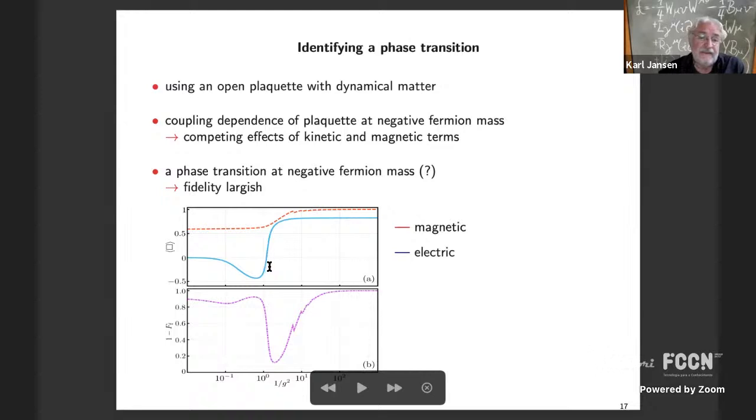This is really an indication of this, and you can understand it as competing effects of the kinetic part, in the case where matter fields are around, and the magnetic terms. They compete with each other, and they introduce this dip in the plaquette expectation value. We actually get a negative plaquette expectation value.